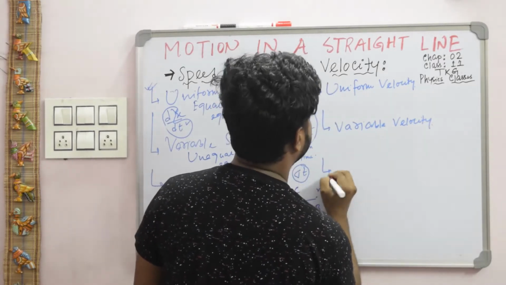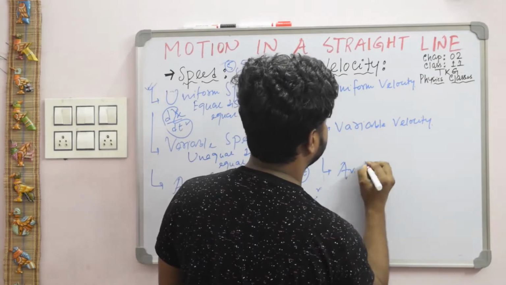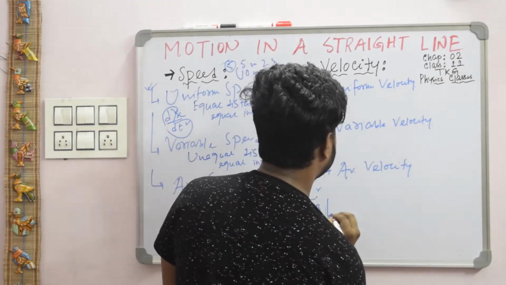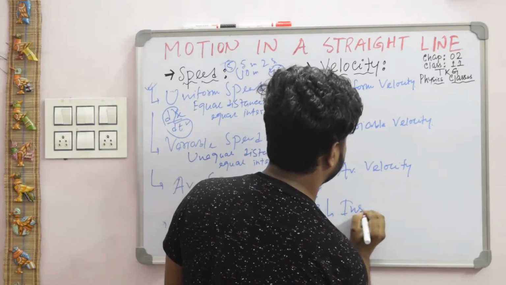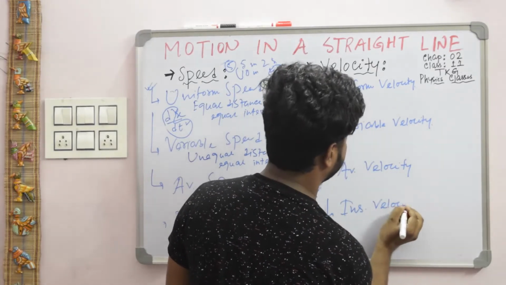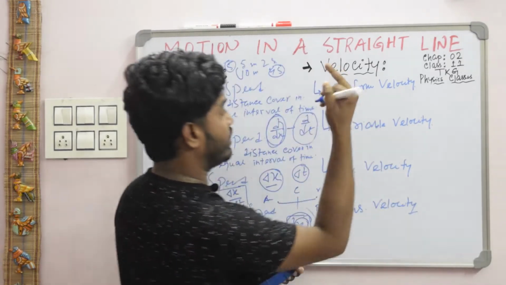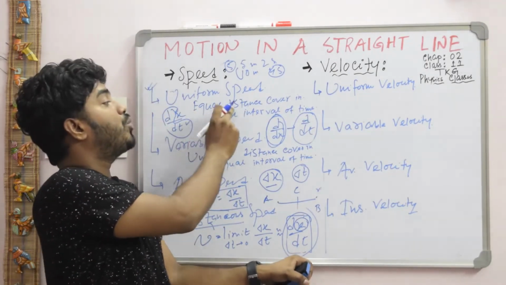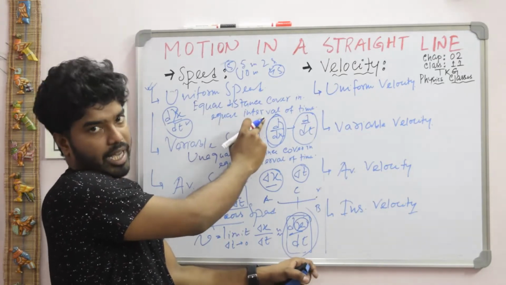Third, average velocity. And fourth, instantaneous velocity. Now define uniform velocity. The definition is the same. Here uniform speed indicates equal distance covered in equal intervals of time.